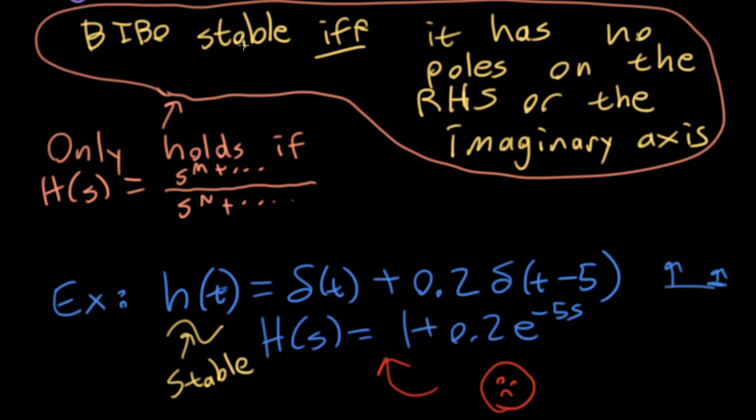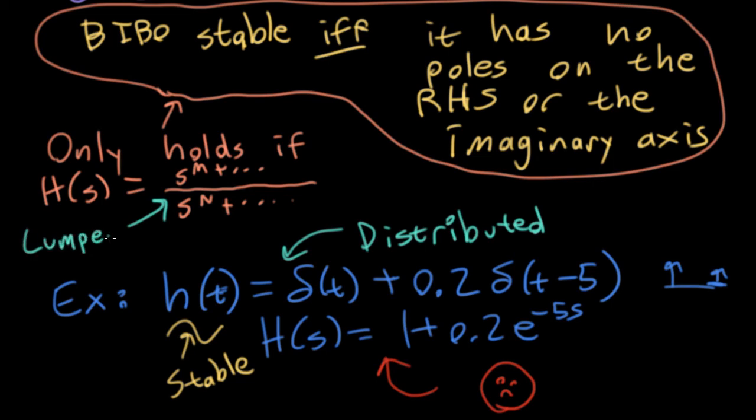Now, this is a stable system, but we would really want to think about other techniques for proving stability outside of using this theorem. This kind of system here is an example of a distributed system. This is in contrast with systems like these differential equation systems we've been looking at, that are called lumped systems.